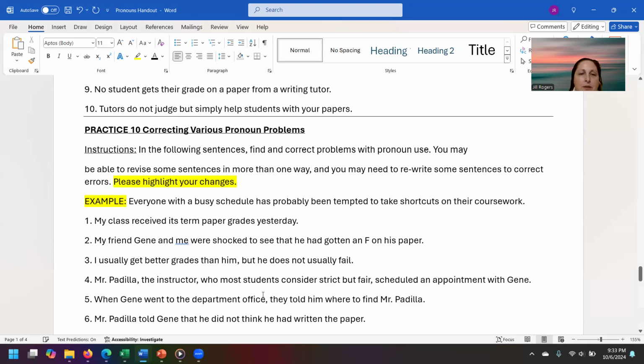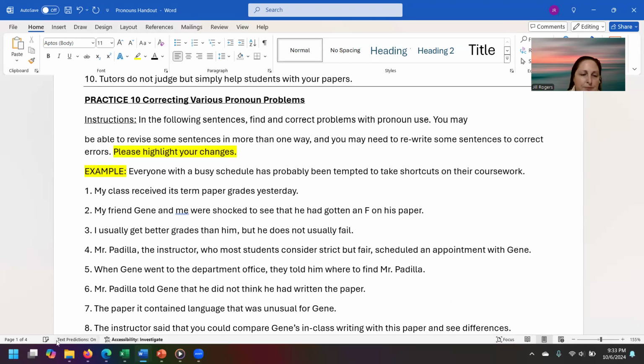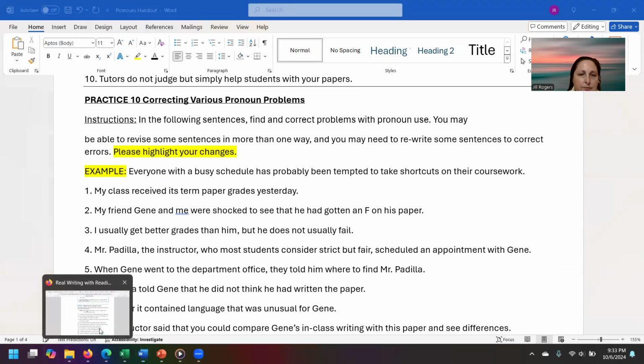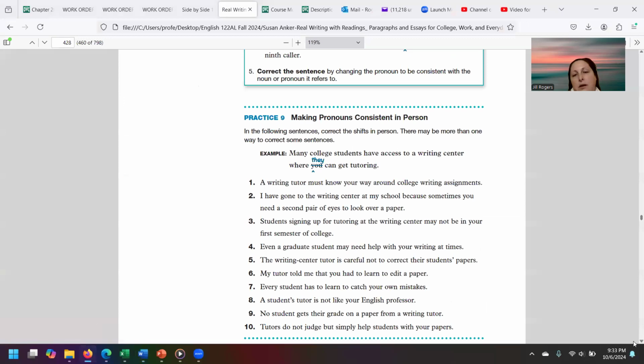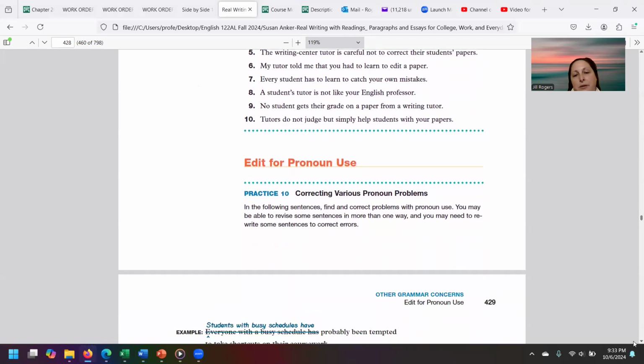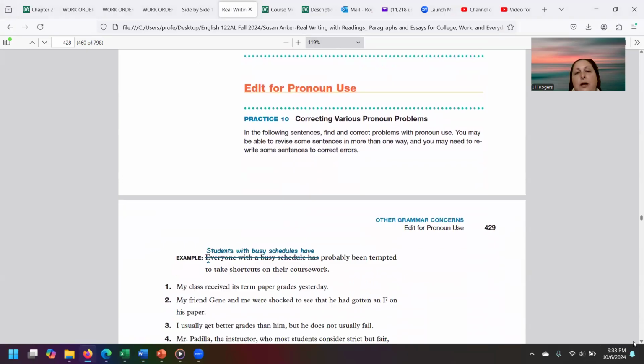All right, so let's go back to the book. In the next one, you're going to edit for pronoun use. There are all the different problems that we went over, and you need to edit it. So the first one, the example is, everyone with a busy schedule has probably been tempted to take shortcuts on their coursework.